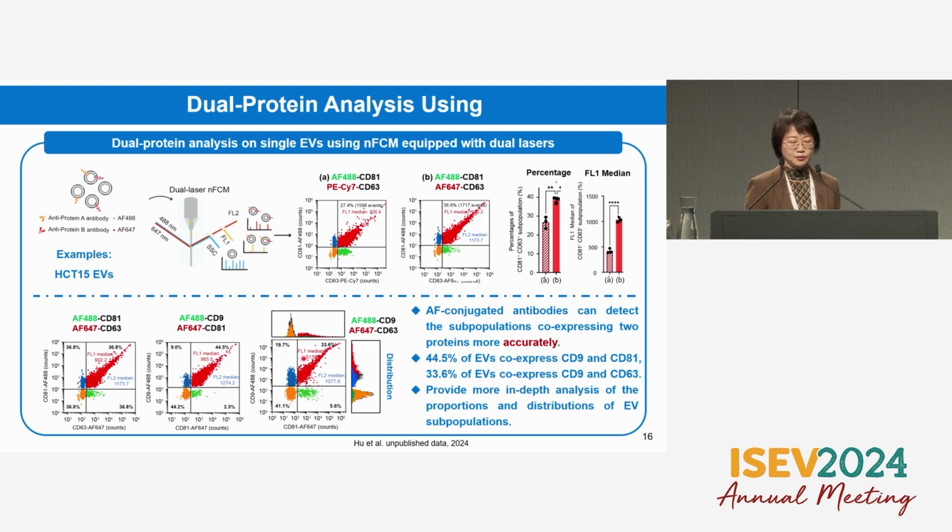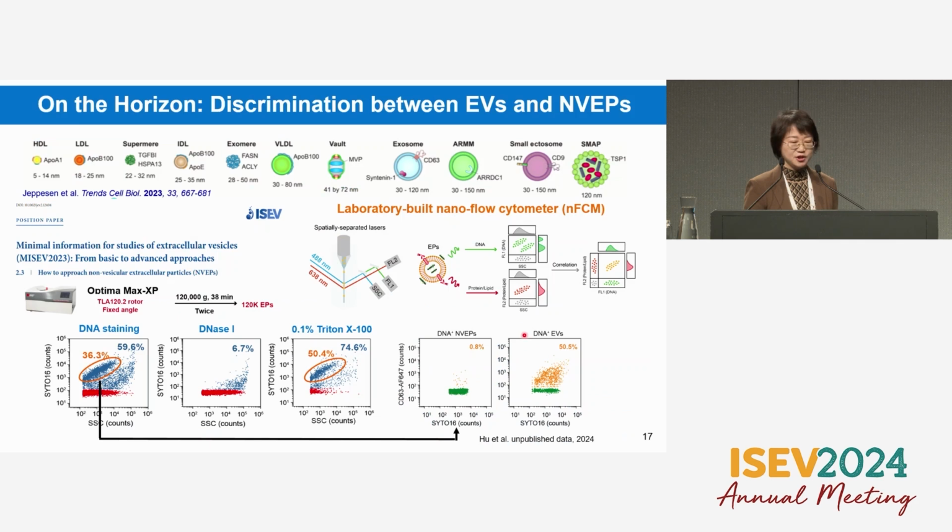So by using double labeling, you can get four different subpopulations. It's interesting to find that there are more EVs co-expressing CD9 along with CD81 compared with CD9 with CD63. So of course, double labeling provides more in-depth analysis of the EV populations.